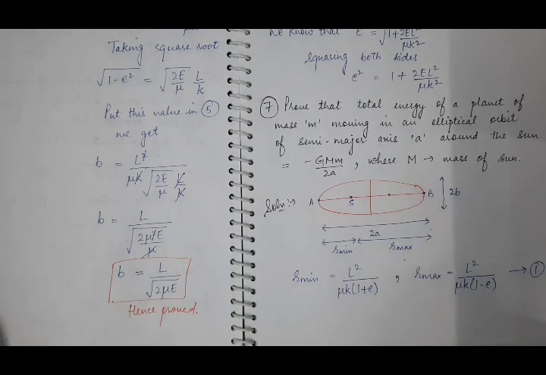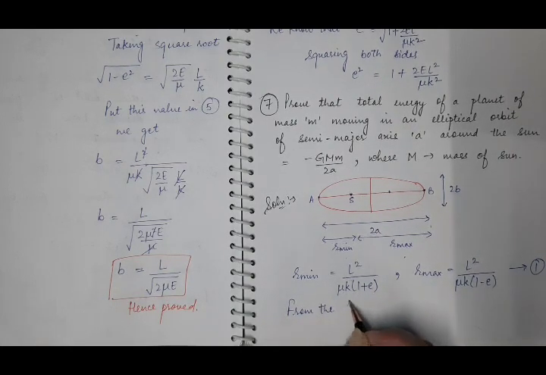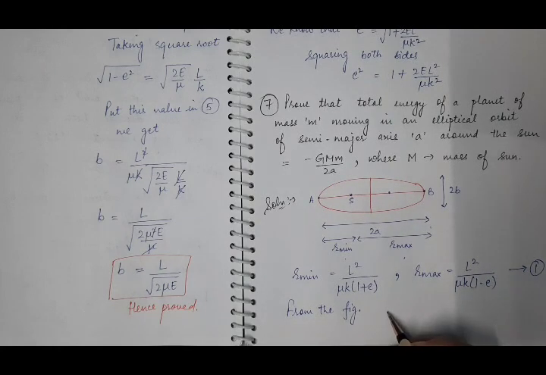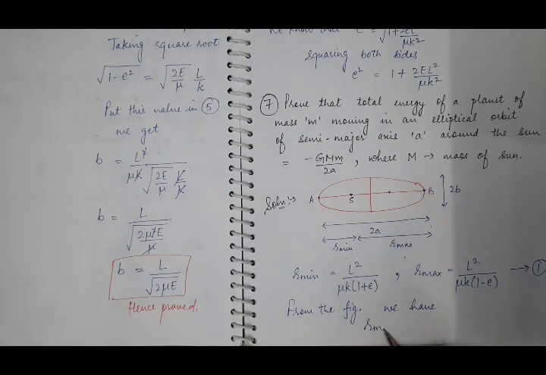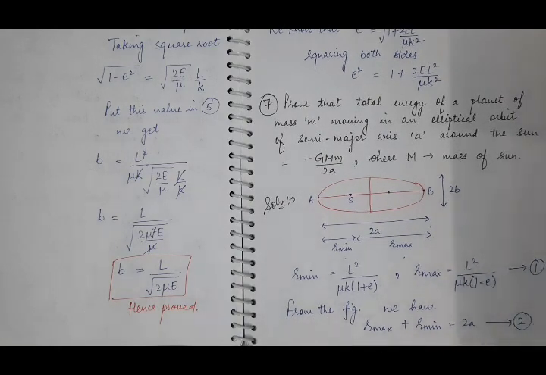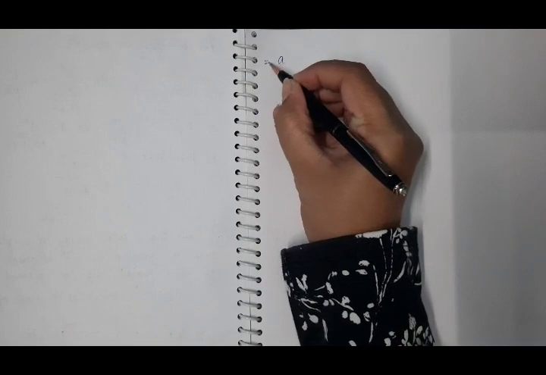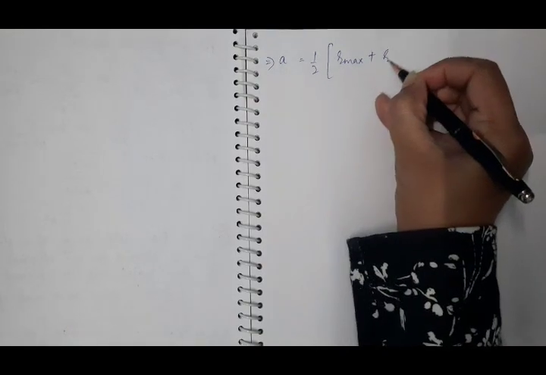So from the figure, we have R maximum plus R minimum equal to 2a, and suppose this is our equation 2. So what will be the value of a? Move this 2 to this side. So we will have a is equal to 1 by 2 (R max plus R minimum).